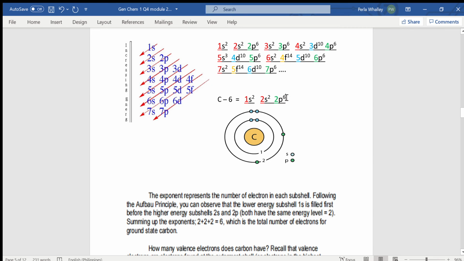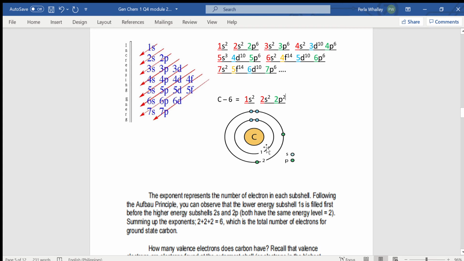To make it 6, remember the maximum number of electrons that p can hold is 6, but it can hold also less than 6, but not more than 6. We cannot have p7 or p8, but we can have p1, p2, p3, p4, p5, and p6. So we will adjust this number to have a total of 6 to equal the number of electrons of carbon. So that would become 2. So this is now the electron configuration of carbon.